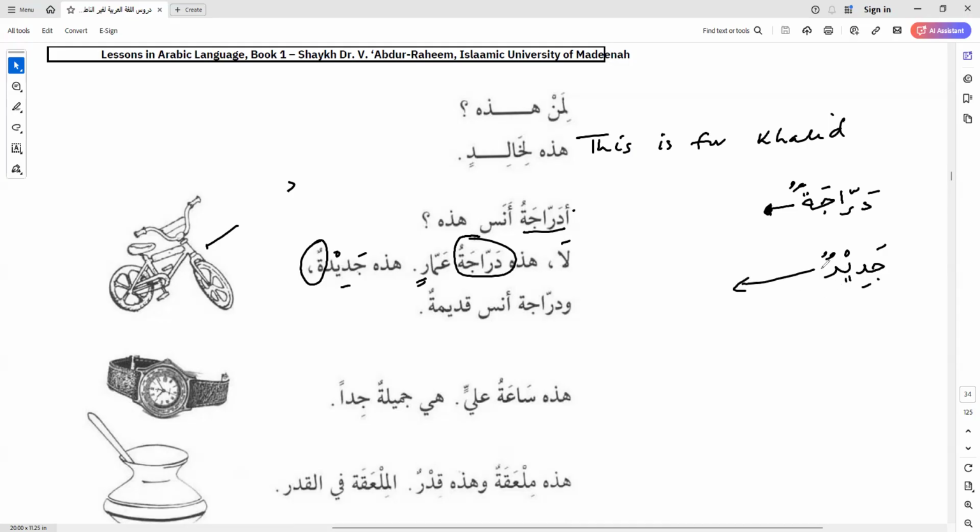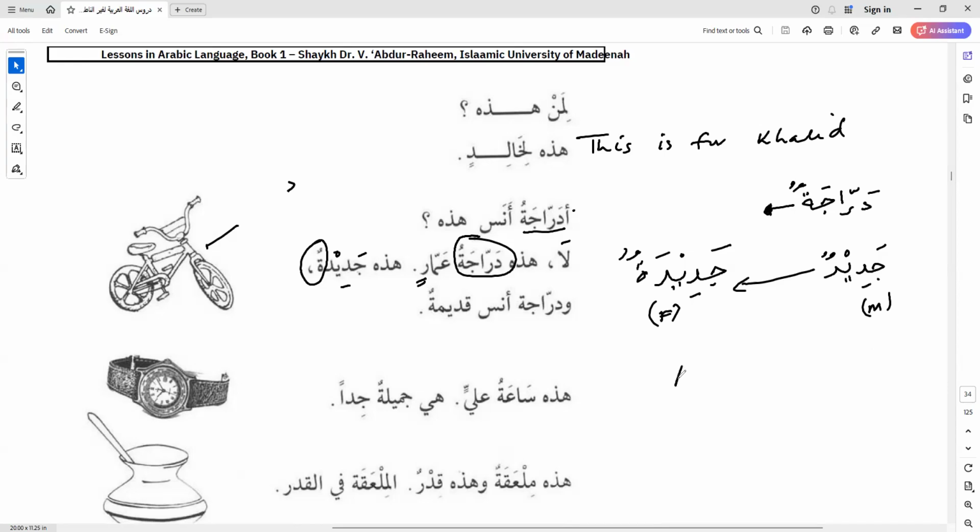Without the Tau Marbuta, it is an adjective used for masculine objects. Now, what about adjectives to describe a feminine object? With jadid, we have to say jadidatun. So this is feminine.